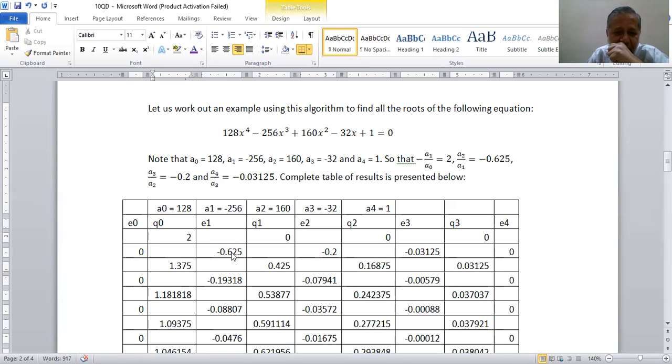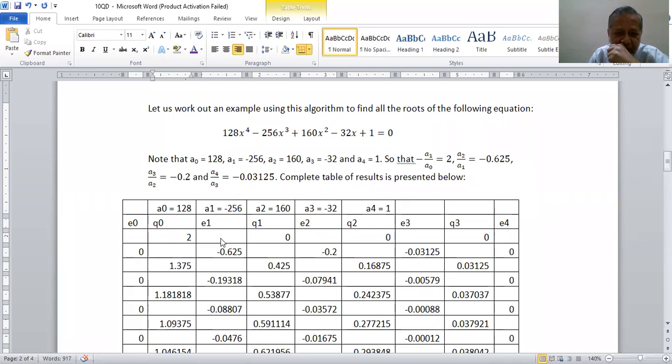The other values are then filled by numbers, the ratio of the second degree term coefficient to the third degree term. So minus 32 divided by minus 256 gives us this number. Then, sorry, 160 divided by minus 256 gives us this number. Then minus 32 divided by 160 gives us this number. And 1 by negative 32 gives us this number.